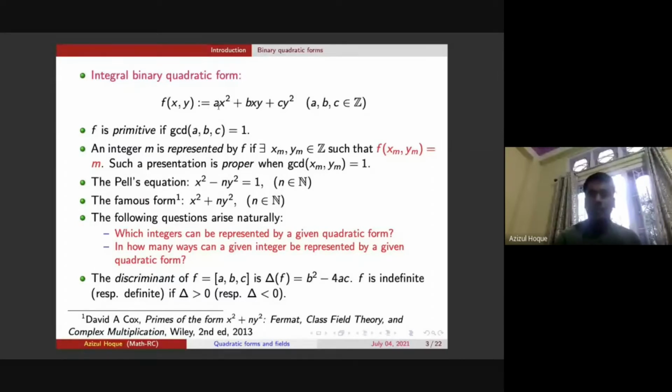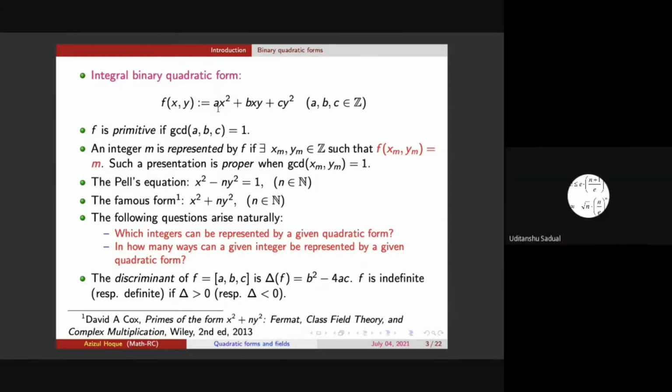If you make this a complete square, then you will get something squared minus delta times y squared, and from that you can conclude it. So convert this into some square times delta something square, and from that you can conclude whether it is indefinite or definite.